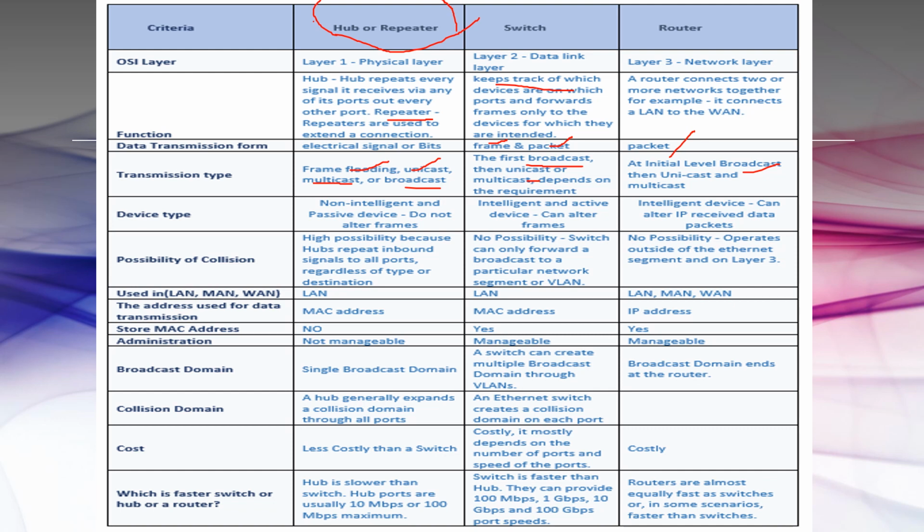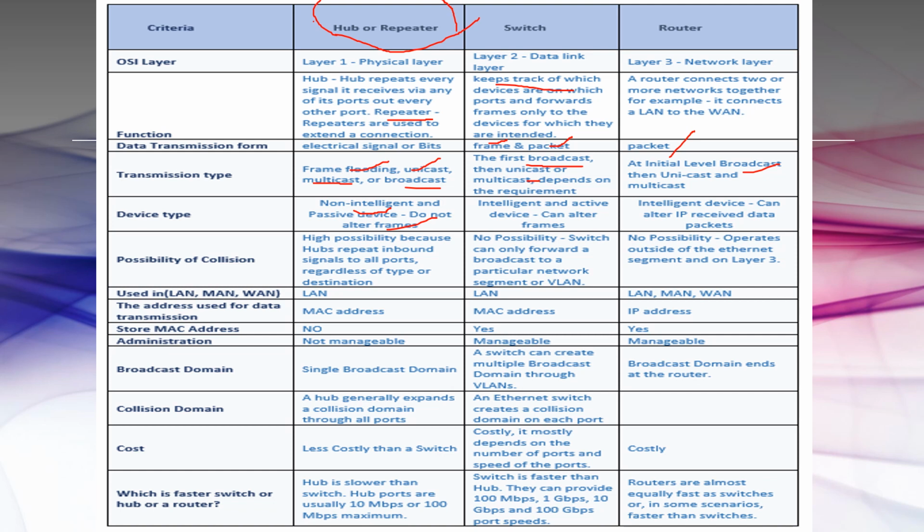And for device type, a hub is not an intelligent device because it doesn't have any software inside it. It just sends the signal out to the devices which are connected to the ports, so it won't alter any frames. But switches and routers are intelligent devices.